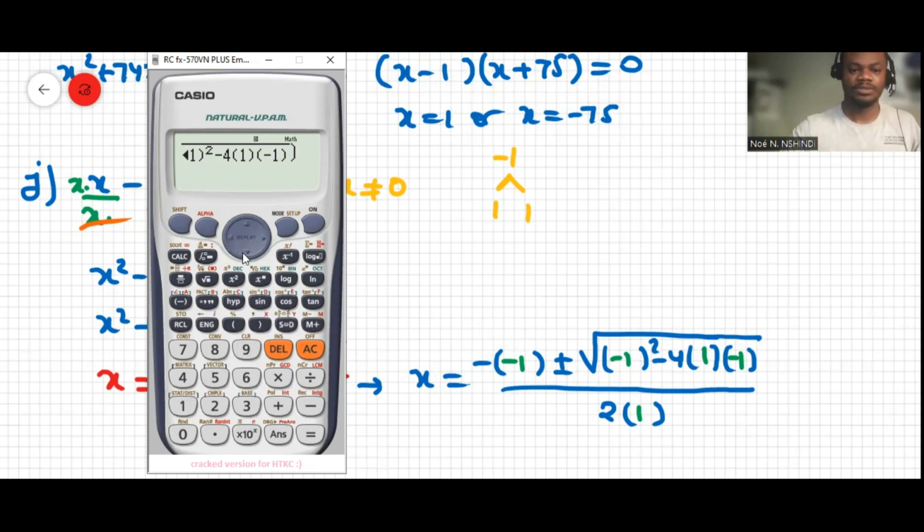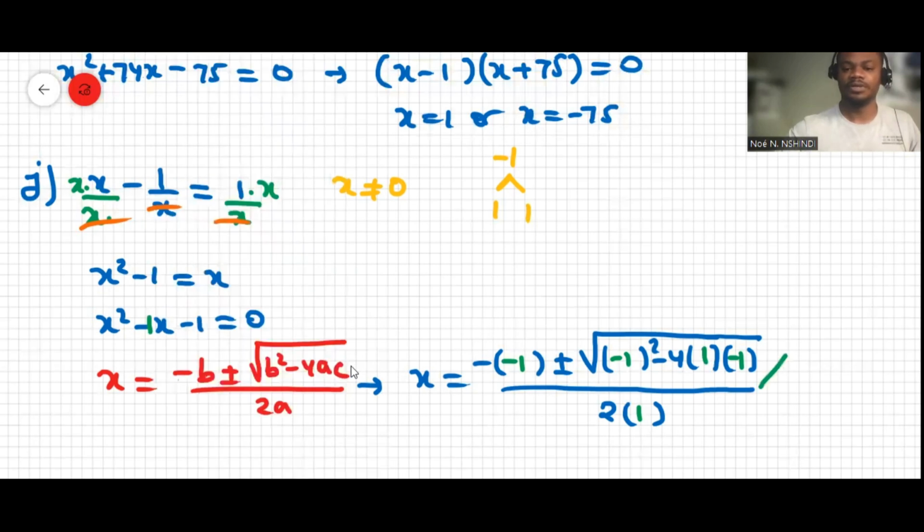I can put brackets like this because I want to say over 2 times 1.